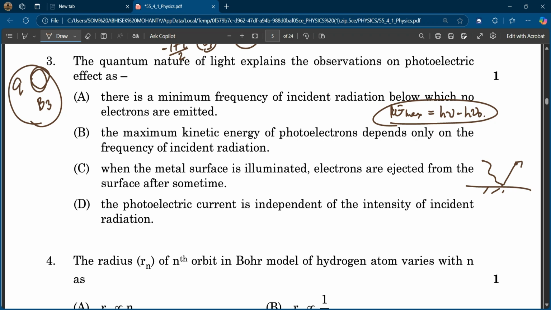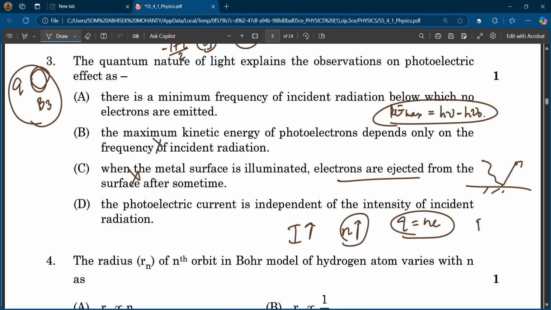No, electrons are ejected instantaneously. The emission of electrons is an instantaneous process, so this is wrong. Photoelectric current depends on the intensity of incident radiation, because the more the intensity, the more the number of electrons, the more the charge, so the more the current.